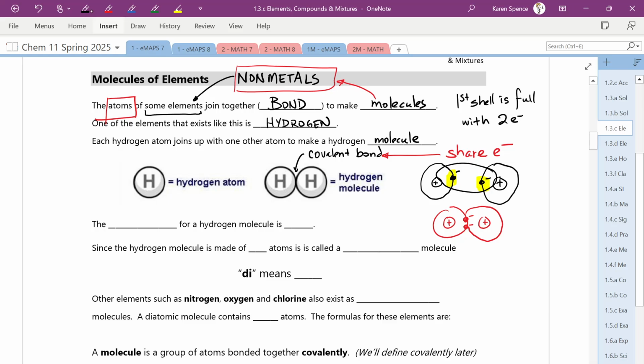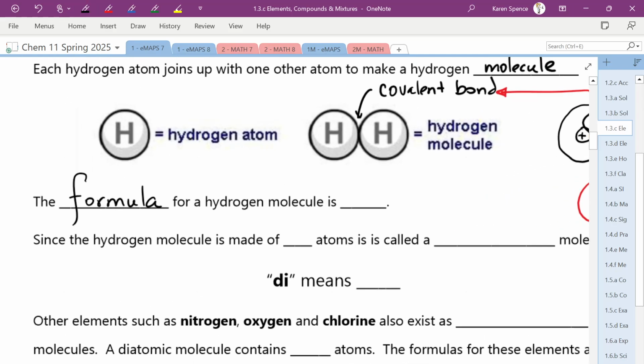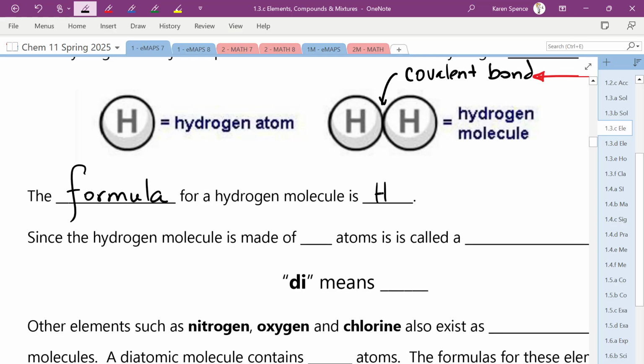So now the formula for a hydrogen molecule is H2. The reason I'm drawing your attention to the word formula is that very often, in math, formula and equation are often used interchangeably.